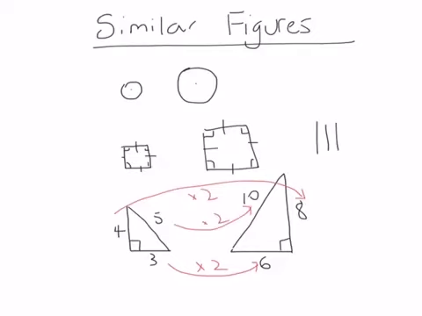So all the sides are in the same ratio. And that's one of the tests for similar figures. If all the sides are in proportion or in the same ratio, then the triangles are similar.